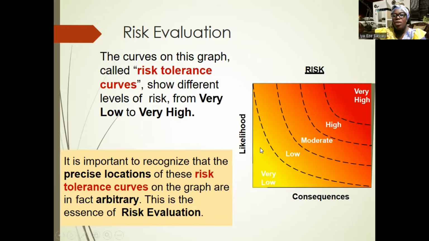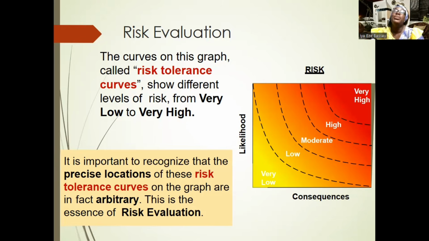We've seen this from very low to moderate to high to very high. It is important for you to recognize that the precise location of this risk tolerance curve on the graph is arbitrary. It can actually change. It's not static. And this is the essence of risk evaluation.